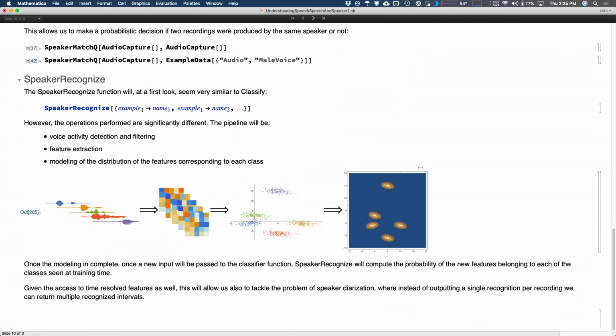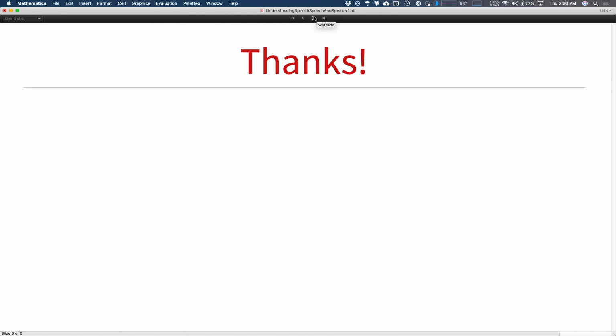Very simply, we have two inputs, compute the features for both inputs, measure a distance, and then have a probabilistic estimate if these features belong to the same or different speakers.